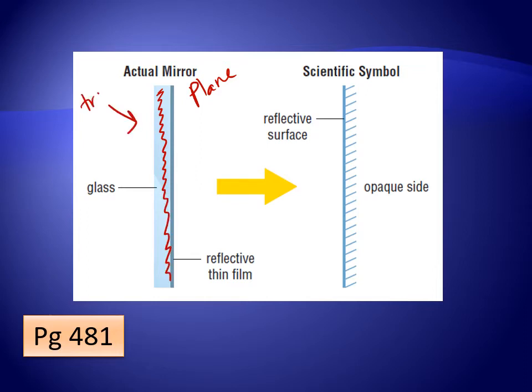So it's transparent, which means that the light rays can actually penetrate and travel through it. But you don't want the light rays to travel completely through it, or you're actually not going to see an image. So that's why this reflective thin film is important, because it's opaque. And what ends up happening is the light travels and then bounces off of it, right? In science, we're going to call the glass sheet part of it the reflective surface, and then we're going to call the back side of it the opaque side, okay?